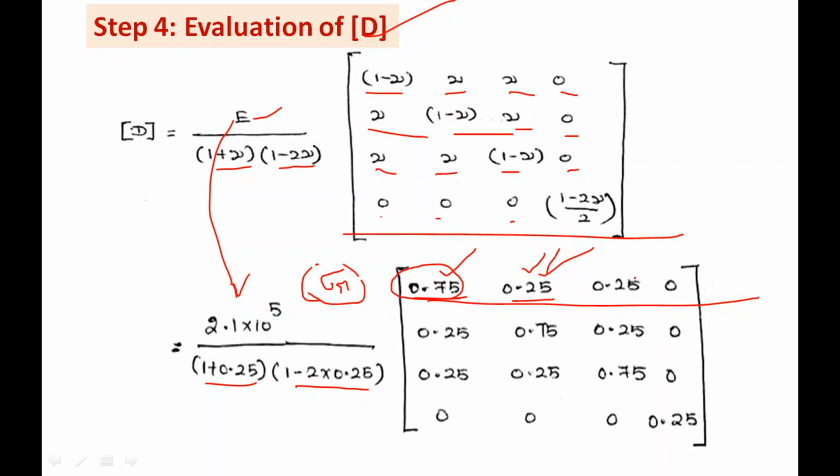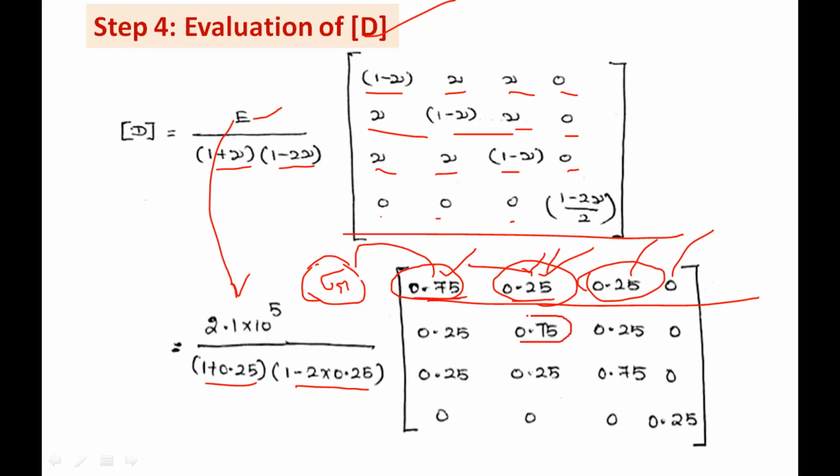This is theta direction, this is the z direction, this is shear, no shear component. These two terms are due to the Poisson's effect, that you have to understand. So this is linear strain component, this is lateral strain component. That is why this linear strain component has more contribution in this radial direction. That we have to understand the physical meaning.